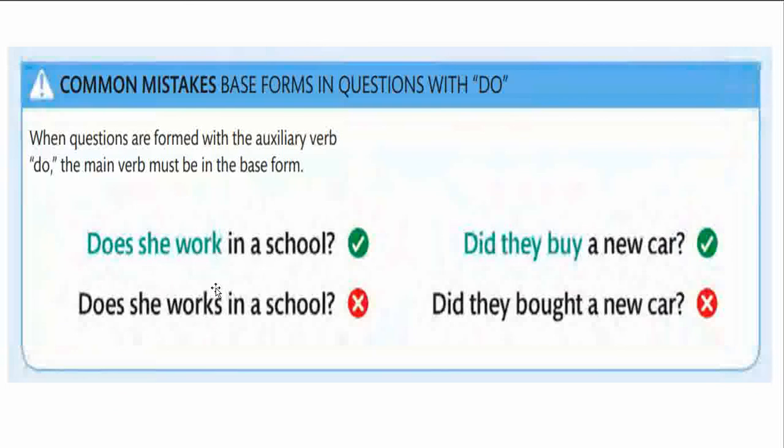If you say does she works with an s, it is wrong. Did they buy a new car? Buy is in the base form of the verb, so it is correct. If you say did they bought a new car, bought is wrong or incorrect English. So remember that the do forms, does and did, will take the main verb in the base form without an s.